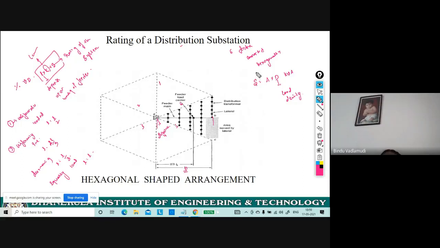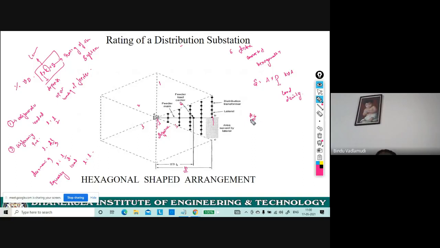So here, if you consider this hexagonal feeder type of arrangement, let us first find the value of the area. A6 indicates the area covered by one of the feeders. It's not the total area of the substation.